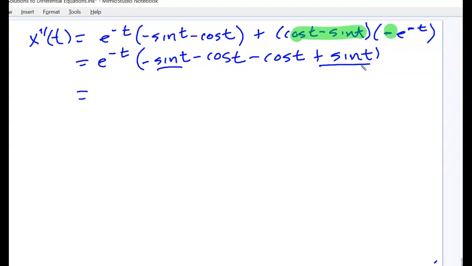And now the sine t's will cancel. So my second derivative is going to be negative 2 cos t times e to the negative t, which is negative 2 e to the negative t cos t.